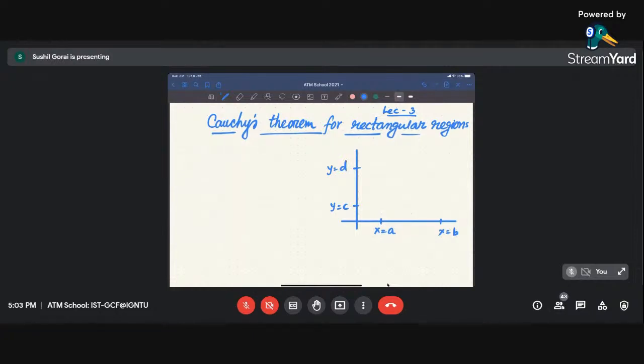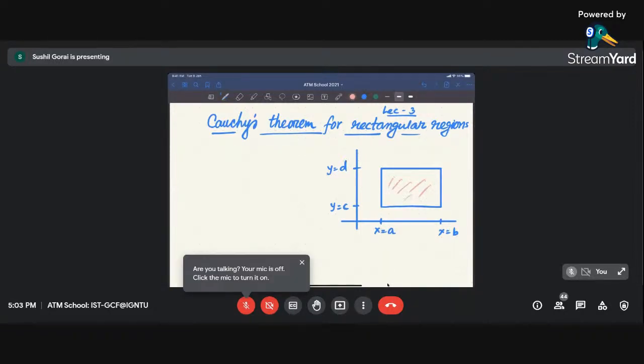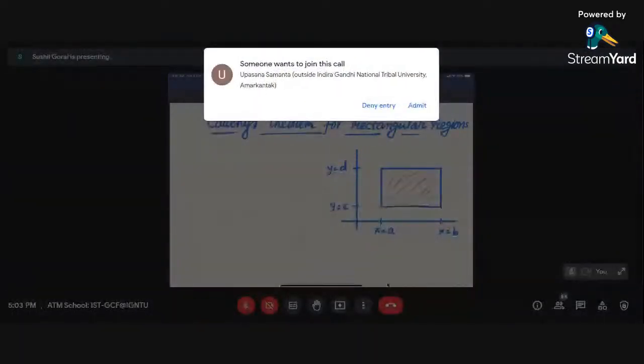So we have a region like this. So we'll consider the inside as the rectangular region. So I sometimes speak about just rectangle or rectangular region, which will always mean the inside. Okay.